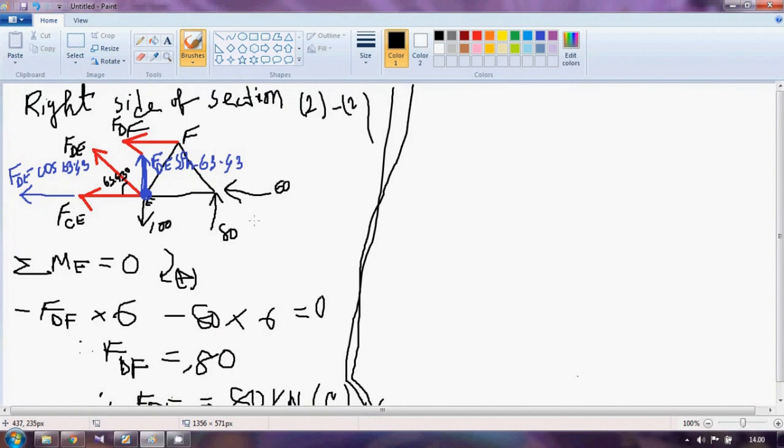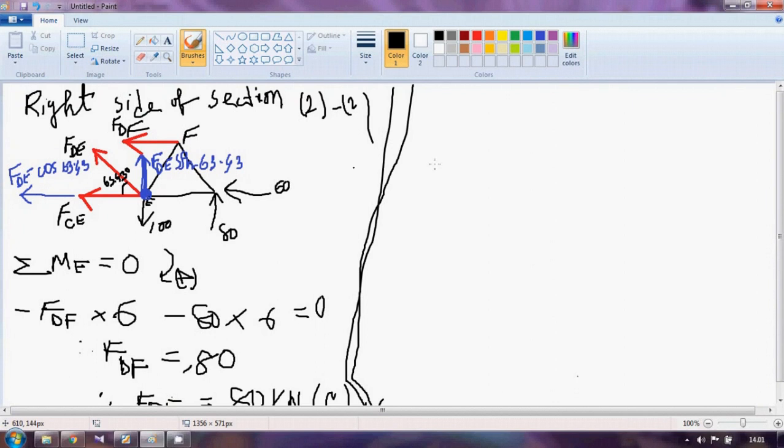Now we have to determine the member force CE. Now what you can do, if I take summation Fx, then I know F_DF, but I don't know F_DE. So from summation Fx, there will be two unknowns, F_CE and F_DE. So it will not help me.